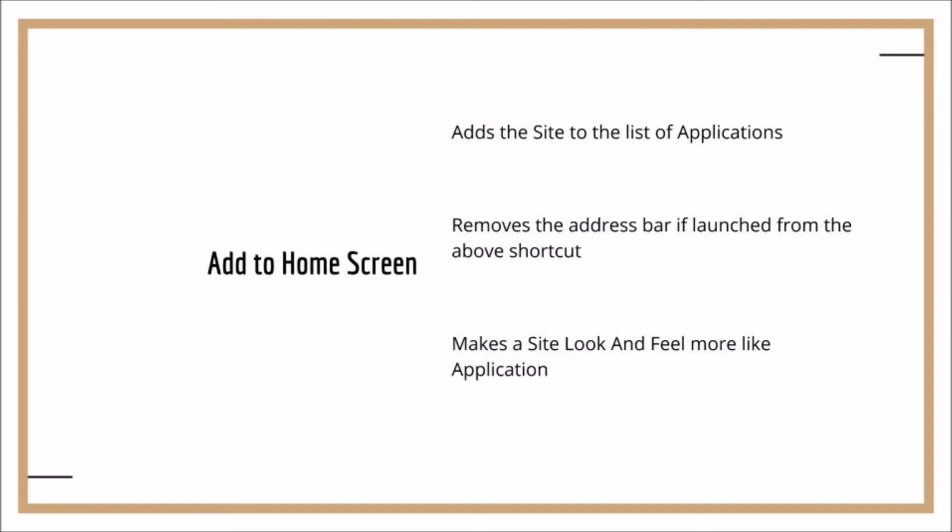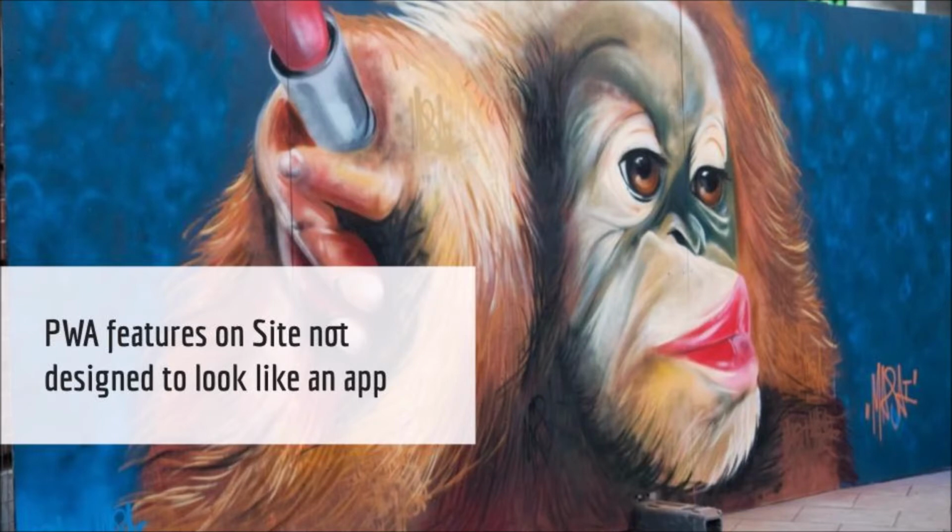One thing to point out is it is a good idea to introduce PWA features to sites that are designed to have the look and feel of an app. Otherwise, they will look like a chimpanzee with a lipstick.